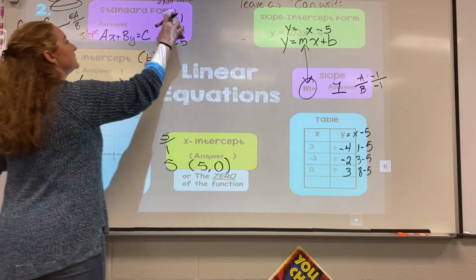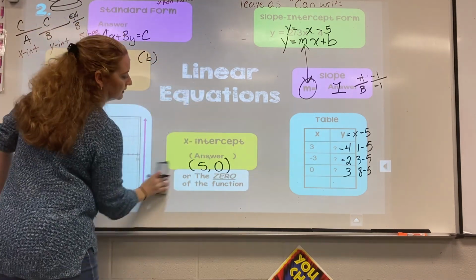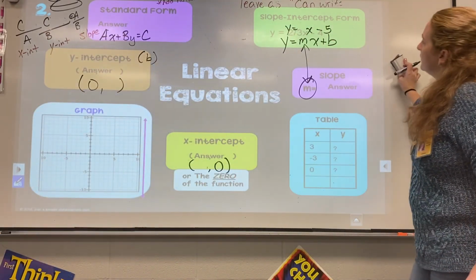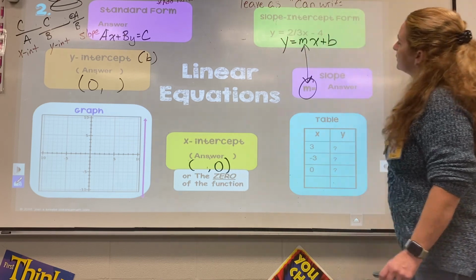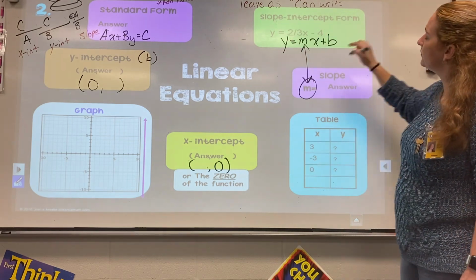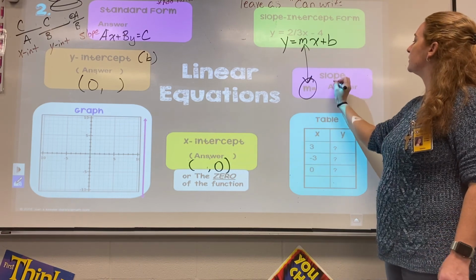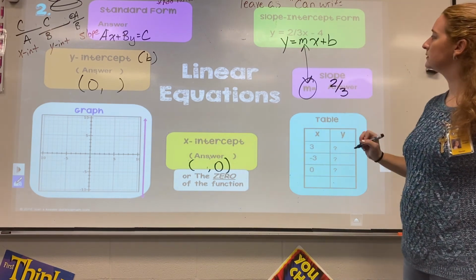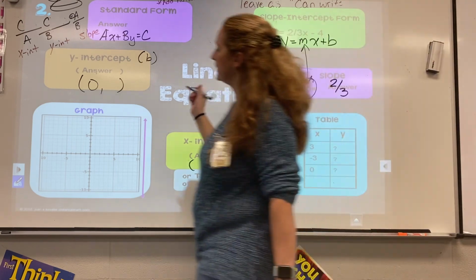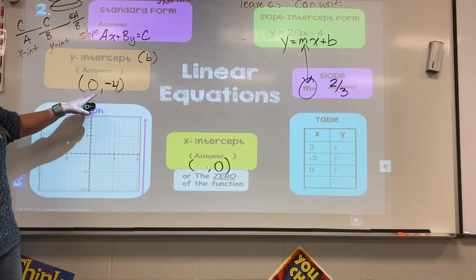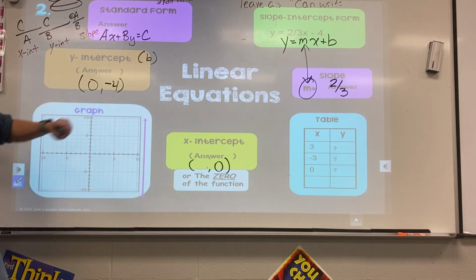And the second problem gives us the slope-intercept form. So really quickly, it gives us my slope. Okay, so my slope is 2/3. My y-intercept is negative 4, so my x is always 0. So my y is negative 4.